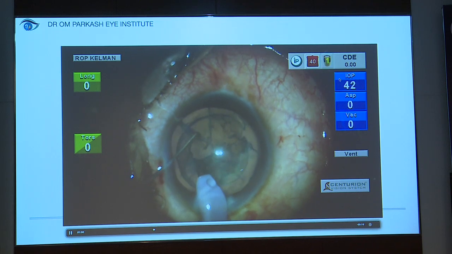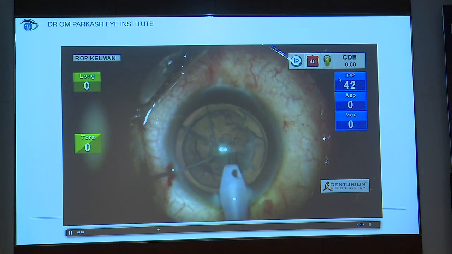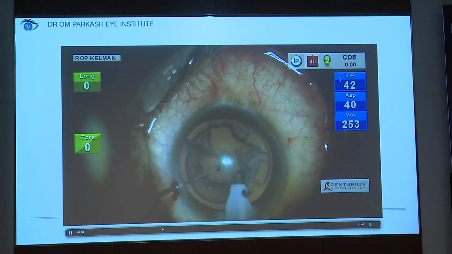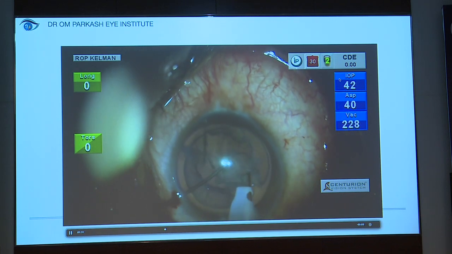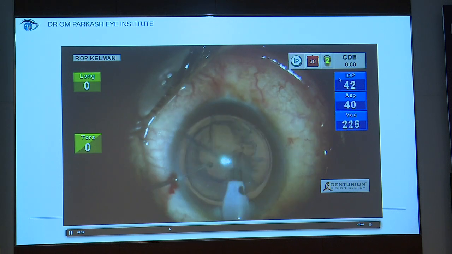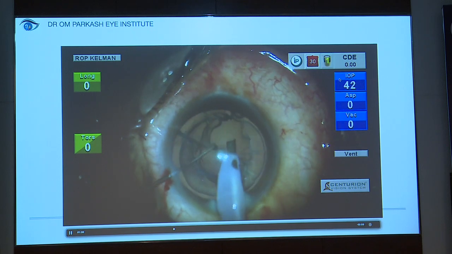So you can reposition your phaco tip in such a way that you are able to aspirate from sideways, and you can always reposition these soft nuclear layers or epinuclear layers. You can see how I am doing it. CDE you will still find is 0, and IOP is 42. This was an old one.